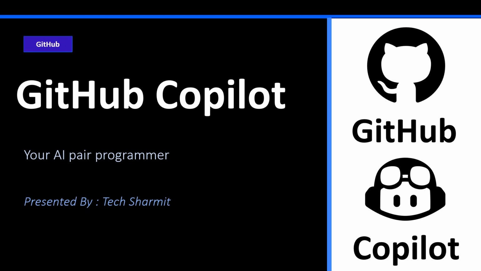Firstly, I'll explain the definition. Then we'll talk about some of the most important features of GitHub Copilot, and then we'll see all the possible ways to use GitHub Copilot. Okay, all right, so let's see what we have.